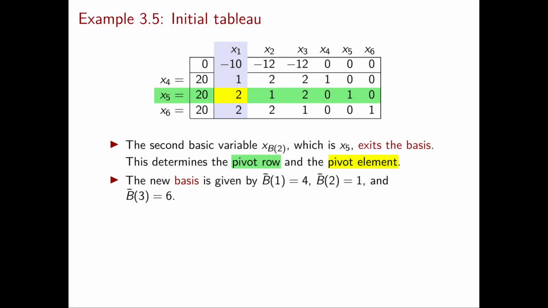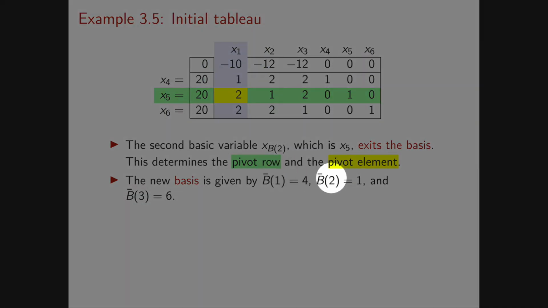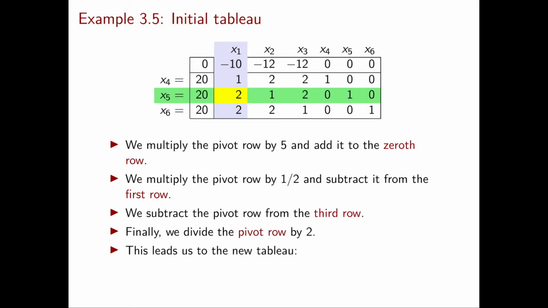Now we also know what the new basis will be. Everything we need to do is replace the second basic variable with x1, which entered the basis. So B bar 1 remains 4, B bar 2 is changed from 5 to 1, and B bar 3 remains 6.